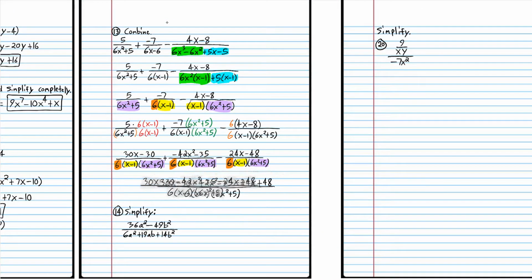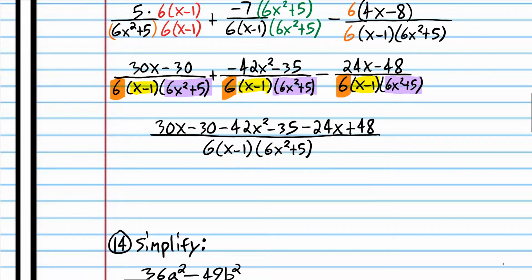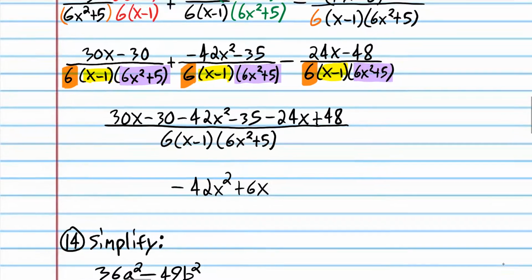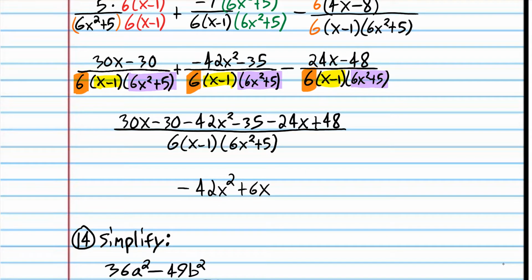We added all those together. Now we just have to combine like terms. And let me see if I can find some more room. So again, I'm going to try to write in descending order of powers. So negative 42x squared plus 6x. 30x minus 24x is 6x.